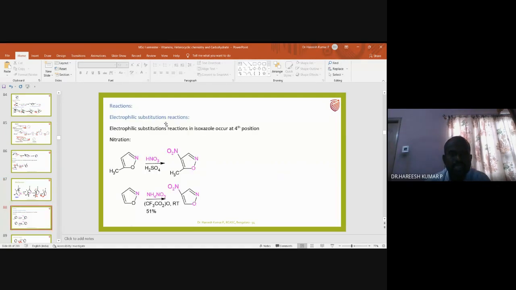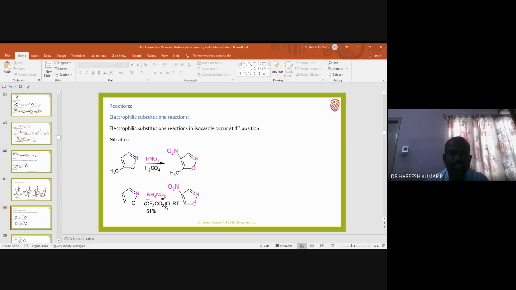More particularly, electrophilic substitution reactions. Electrophilic substitution reactions in isoxazole occur at the 4th position. So for nitration, the nitronium ion is the electrophile. So that will attack the 4th position. This is the 4th position. So ammonium nitrate in presence of trifluoroacetic anhydride.